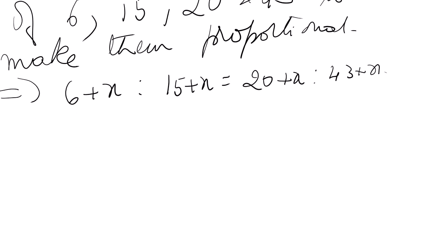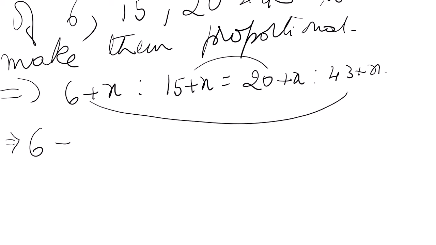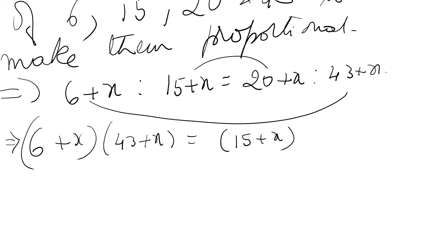So according to our formula, the product of the extremities is equal to the product of the middle terms. So 6 plus x into 43 plus x is equal to 15 plus x into 20 plus x.